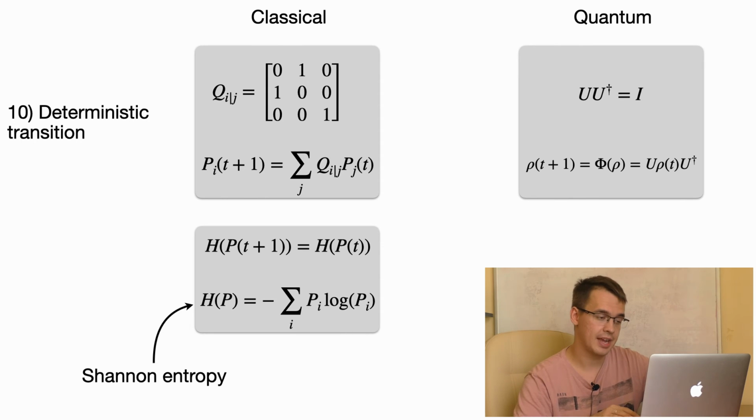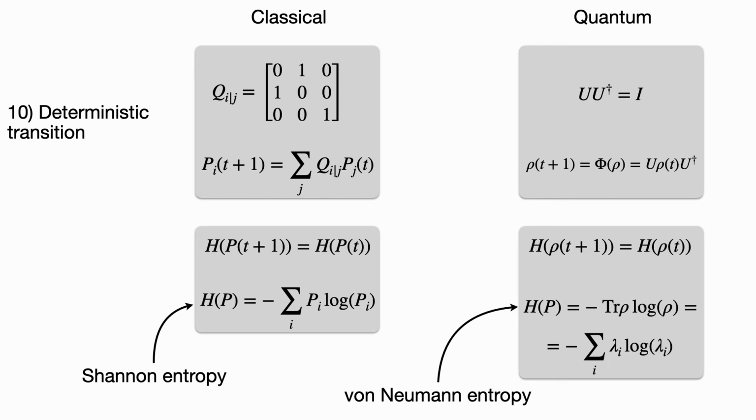In the quantum case we have a similar kind of transition called a unitary transformation, and the quantum channel that leads to this type of transition is represented on the right part of the slide. One can also show that this kind of transition, a unitary transition, doesn't increase von Neumann entropy, and it means that it doesn't introduce any uncertainty into a system.